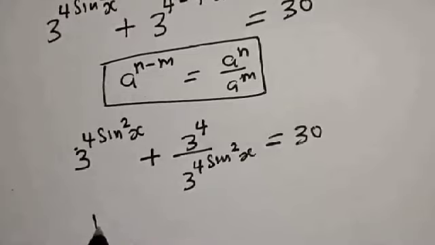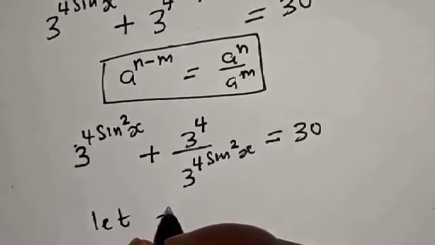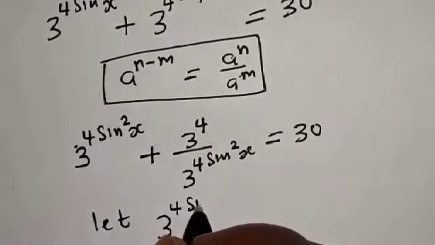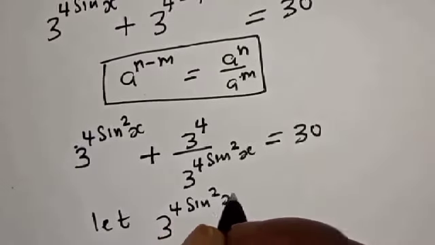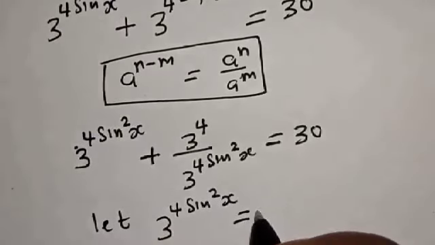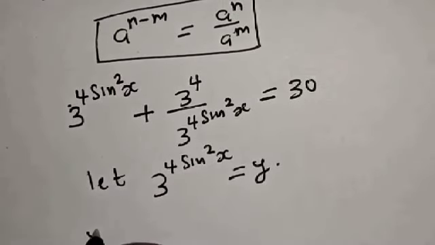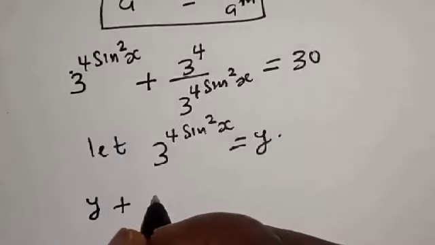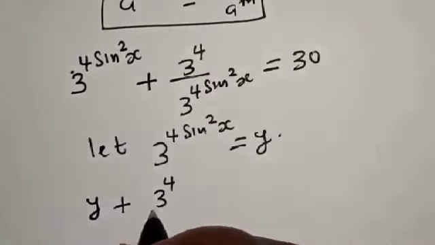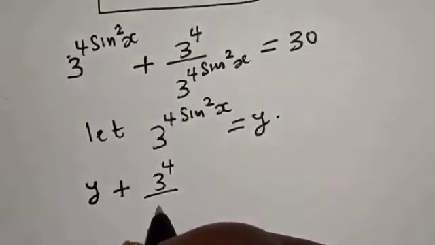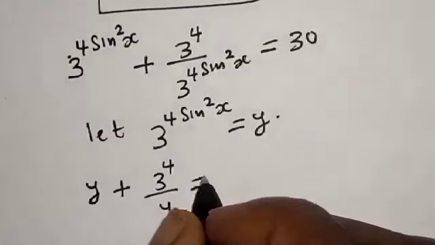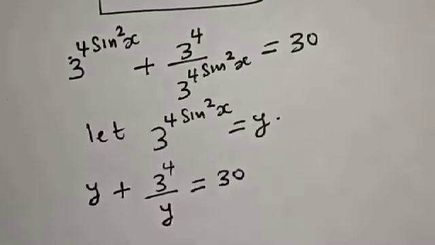Then let 3 raised to power 4 sine square x be equal to y. Then we have y plus 3 raised to power 4 divided by y is equal to 30.